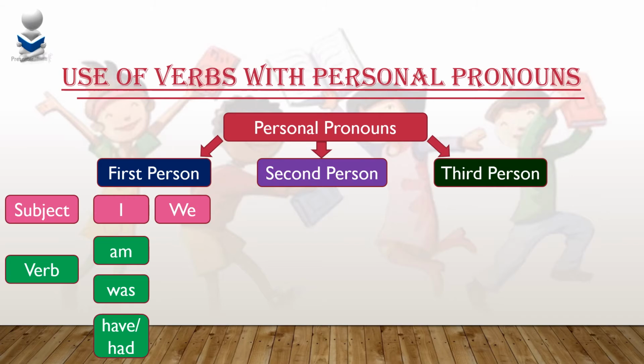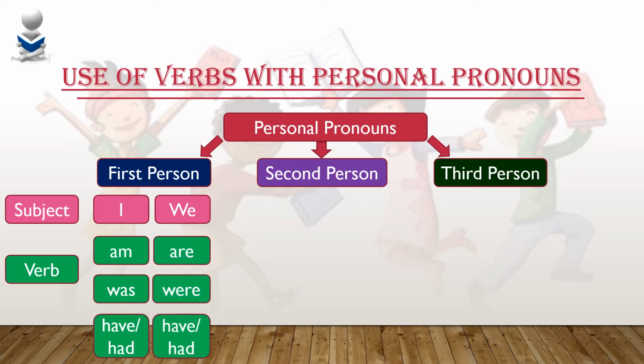In case your personal pronoun, that is the subject in the sentence, is we, then with we use are, were, have and had as the verb. It depends on the tense of the sentence. If you're talking about something in the present, if your subject is we, then the verb will be are. We are. If you're talking about something that's already done, it's in the past.